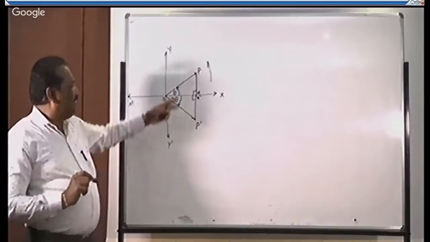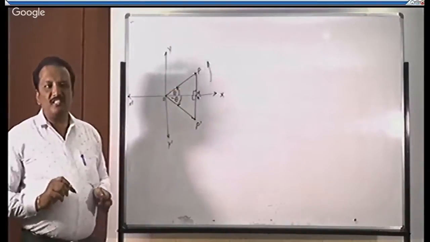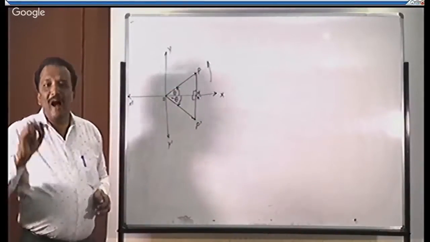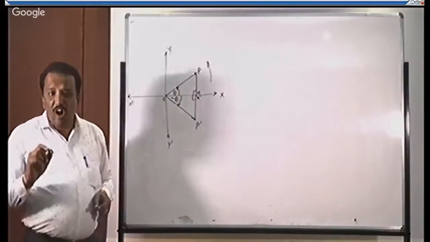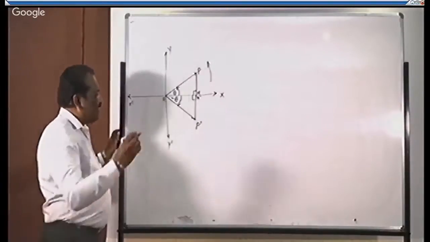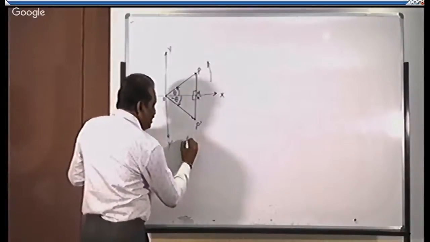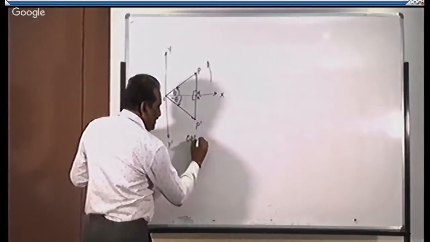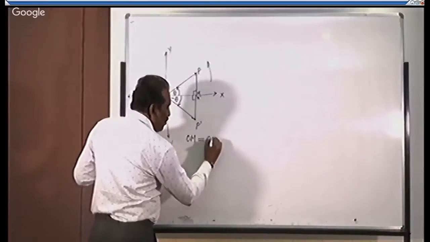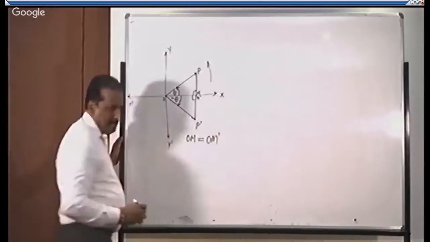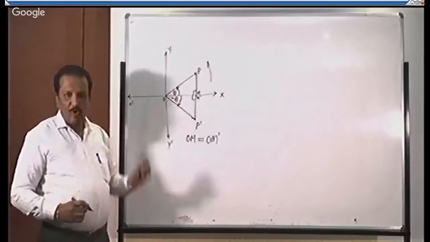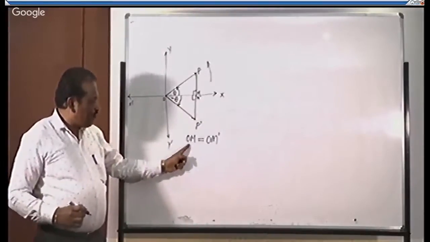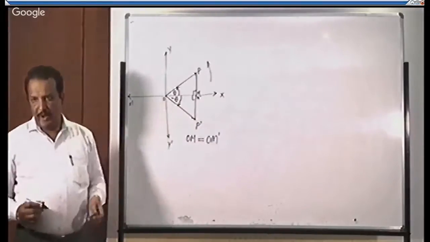Congruent means these two triangles possess the same shape and size. Since these two triangles are congruent, geometrically the magnitude of OM is equal to the magnitude of OM'. Therefore, the length of OM is equal to OM'.